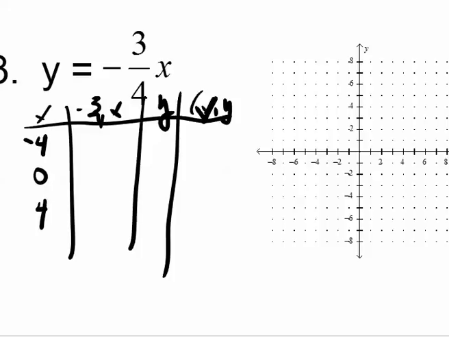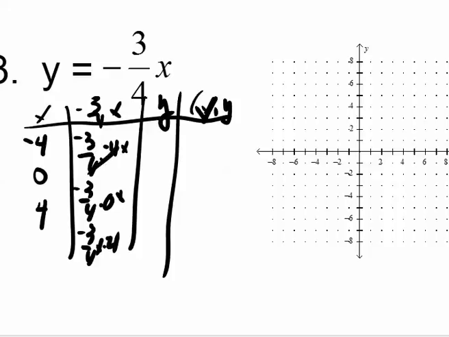I know I only have 3, but we'll see what happens here. Negative 3/4 times negative 4, negative 3/4 times 0, negative 3/4 times 4. Those will cancel.